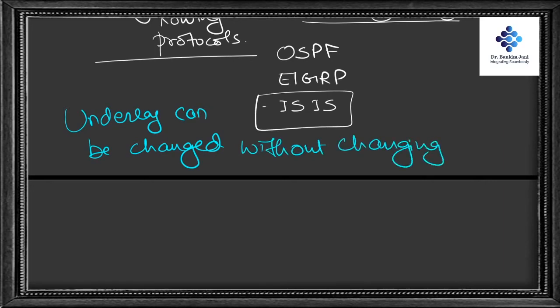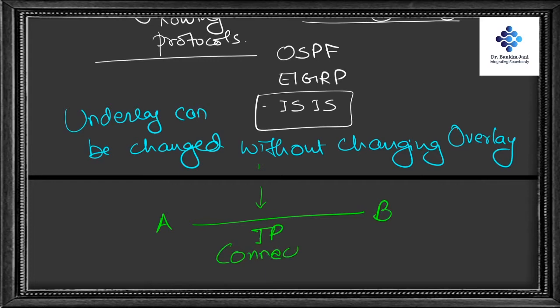Because overlay is just telling that I should be able to reach from A to B, that's it. Overlay is interested in only one thing, that from A to B there should be IP connectivity. If you are changing the path, it will say, underlay, no problem, do whatever you like, but it should reach. So this is the first concept.